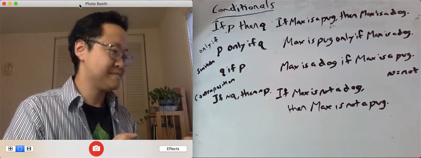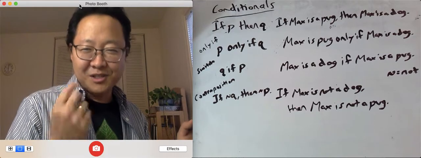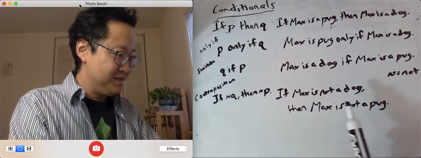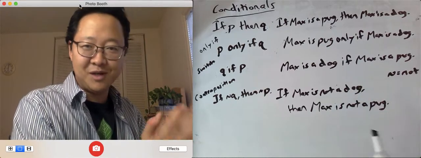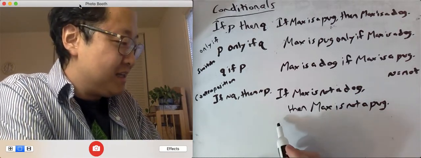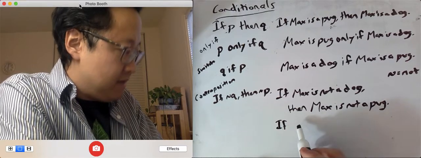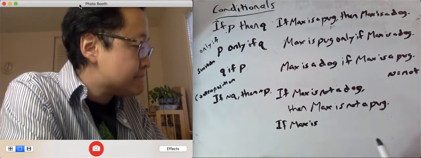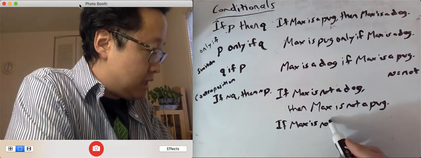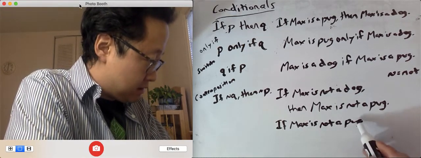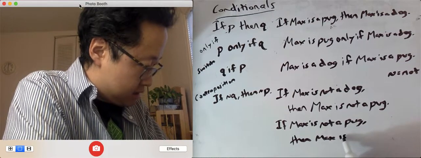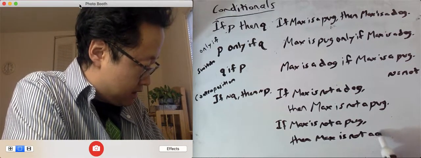Okay. Now, it's useful just to think through if we didn't do the switch, whether it'd still be true. So look at this sentence. If Max is not a pug, then Max is not a dog.